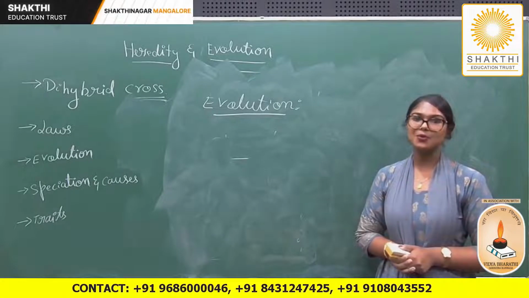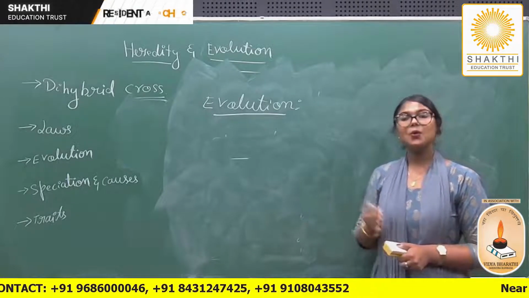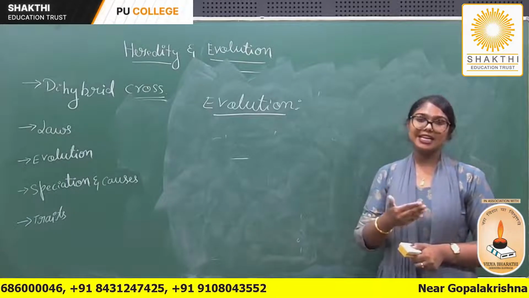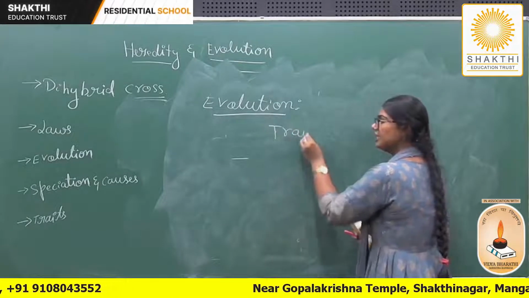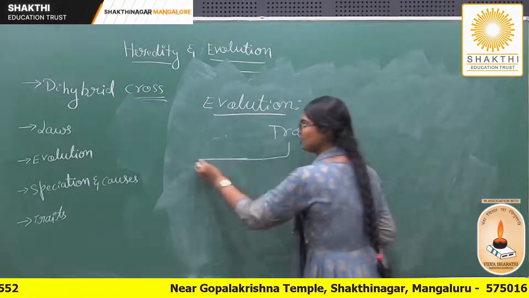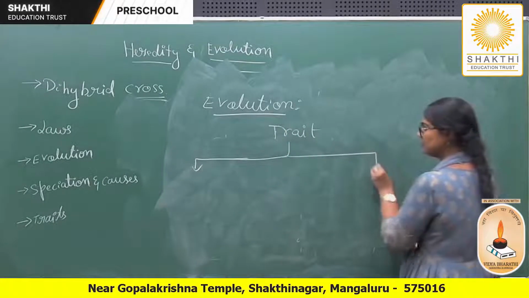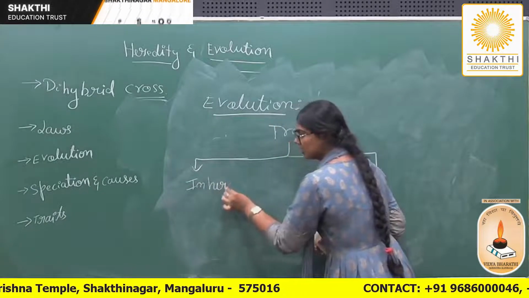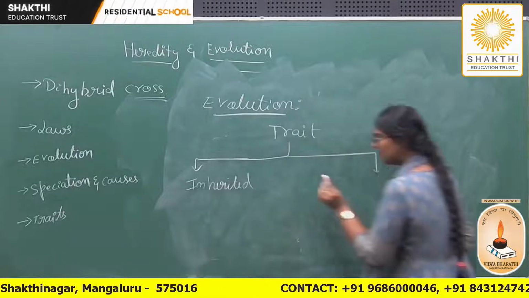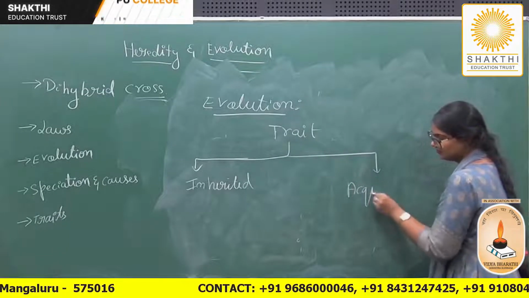What we have now is nothing but the acquired trait and the inherited trait. A trait is nothing but a character. So we have 2 types of character, students. One is the inherited character and the second one is the acquired character.